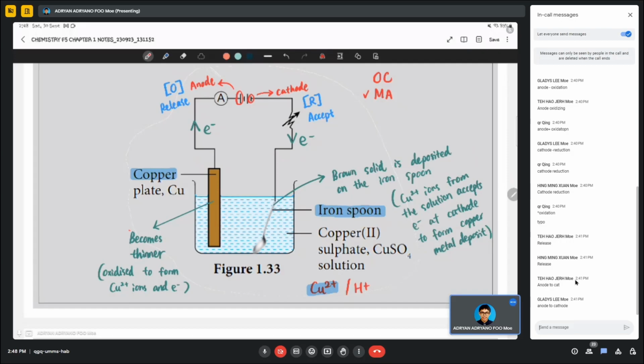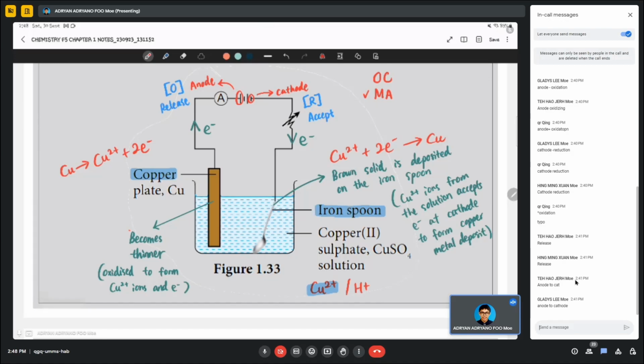Half equations: at the anode, Cu becomes Cu2+ plus 2 electrons. At the cathode, Cu2+ accepts 2 electrons to become Cu. Usually the solution contains the same metal as the electrode.